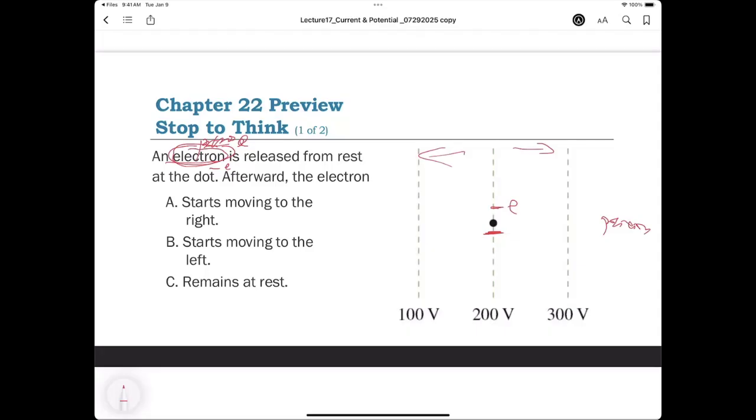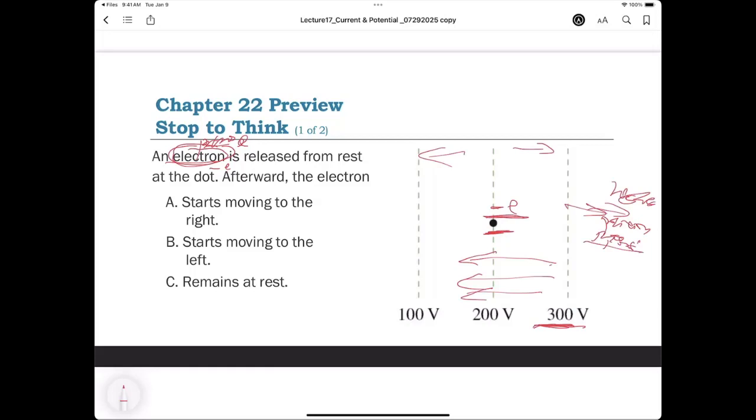The electric field always points from the higher to the lower potential. Actually, this electron will go to the higher potential, because it is negative, so it goes toward the positive direction.